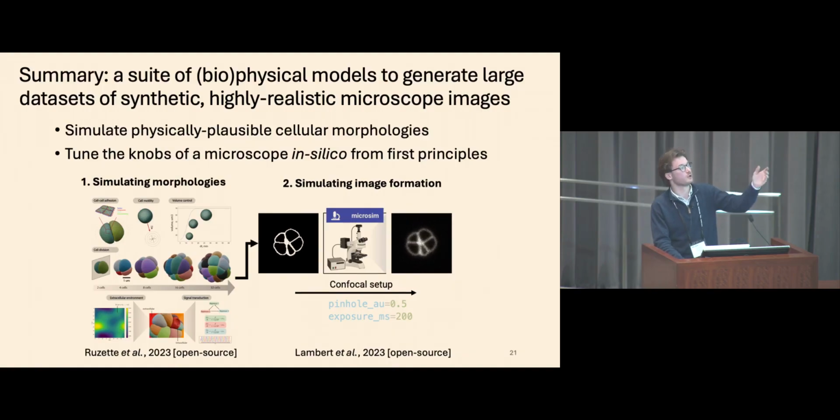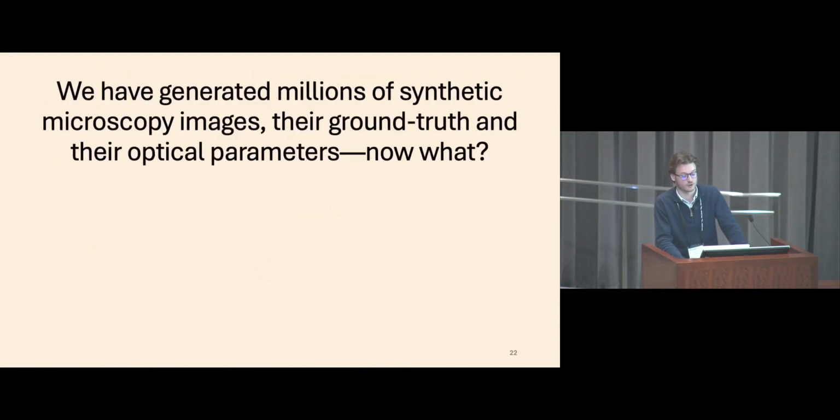We can put these two together to simulate the whole pipeline, as if you were taking a sample, passing it through an in silico microscope, and then having this ground truth and the final microscopy image fully simulated.